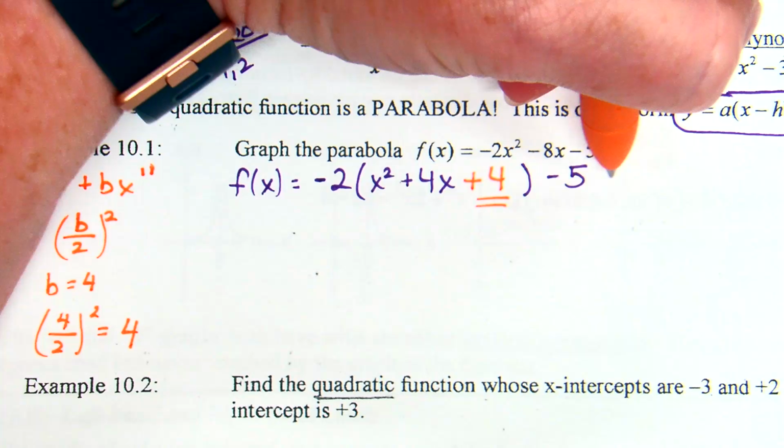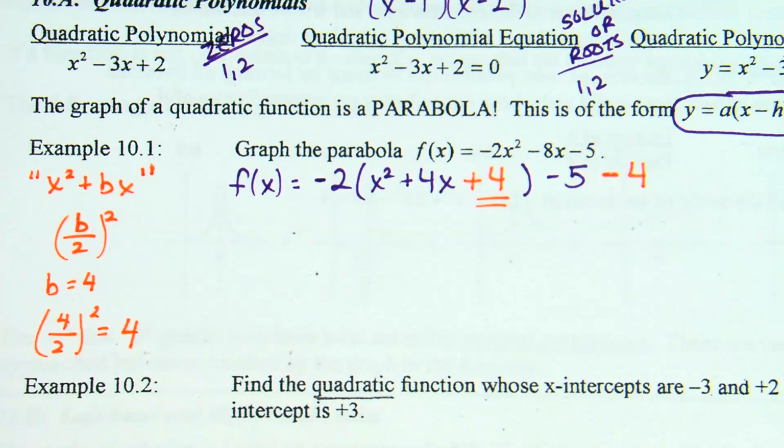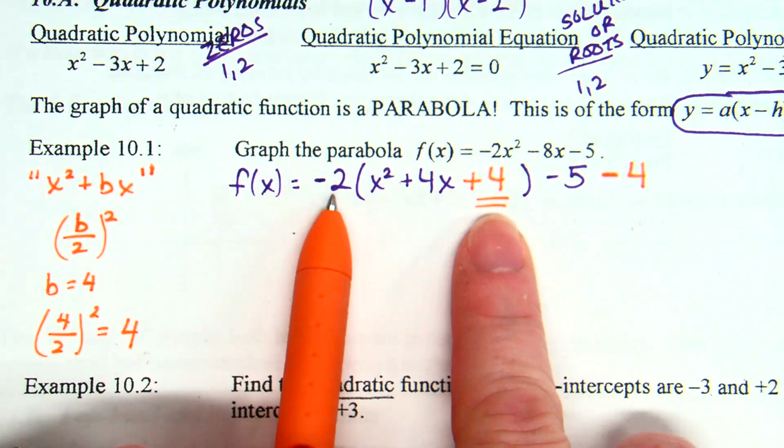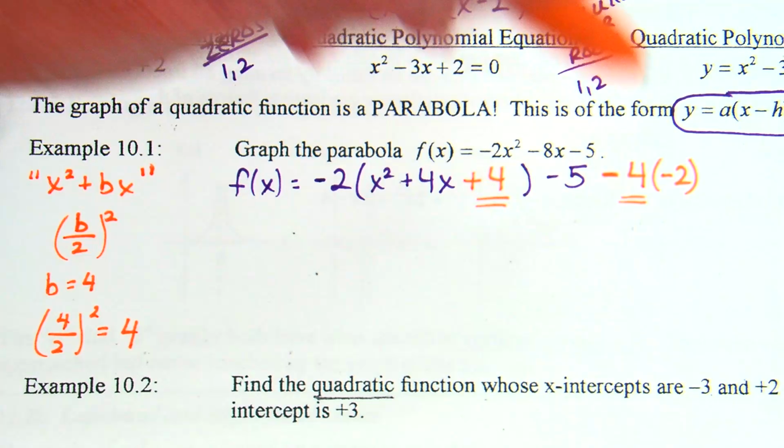Except it's not just a 4 I'm subtracting in this case, because this 4 where I added 4 is being multiplied by negative 2. So here we're subtracting 4 times negative 2, if you will. If we had nothing factored out here, we would just add 4, subtract 4. We're multiplying by the negative 2 because it was factored out.